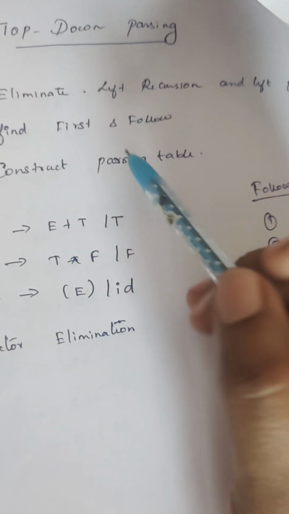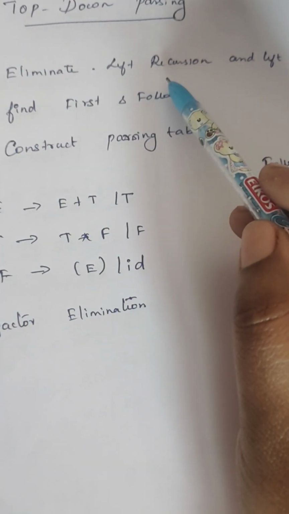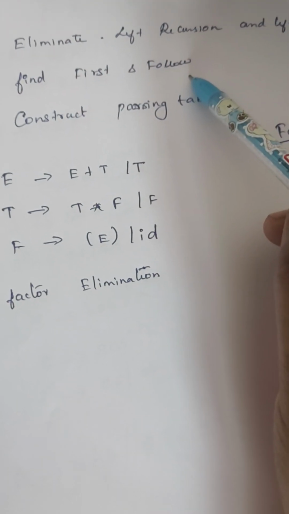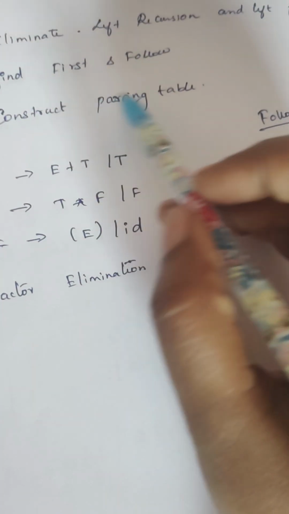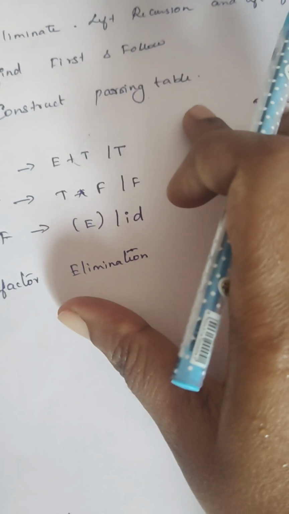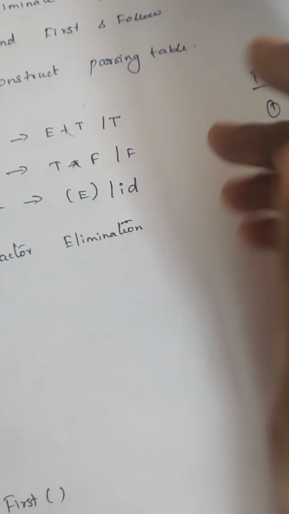For constructing the top-down parsing, first we need to do the elimination, then find the first and follow for the non-terminal variables, and then construct the parsing table. In this video I'll explain how to find the first and follow for the given grammar.